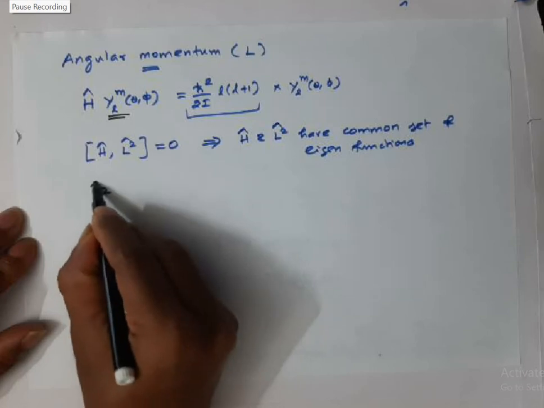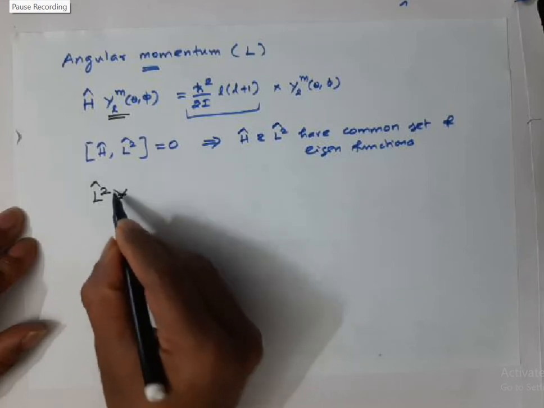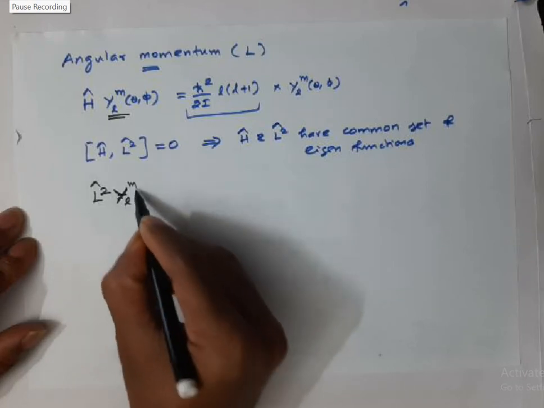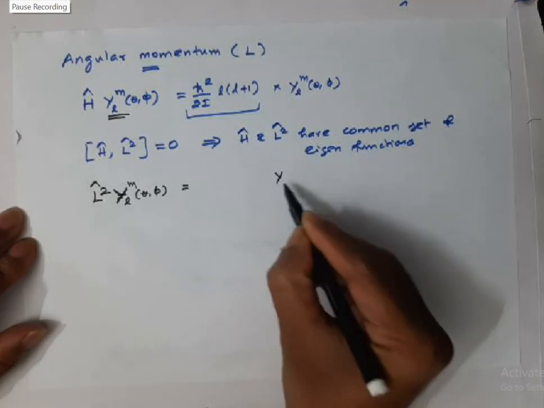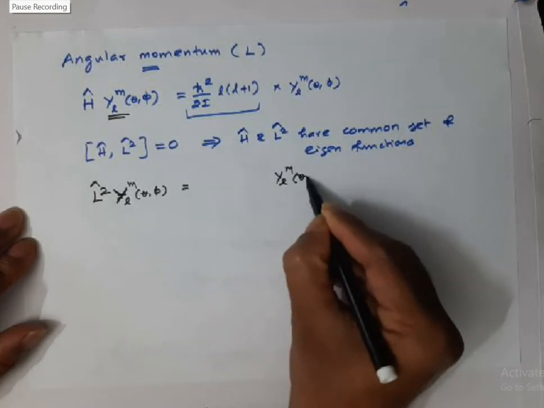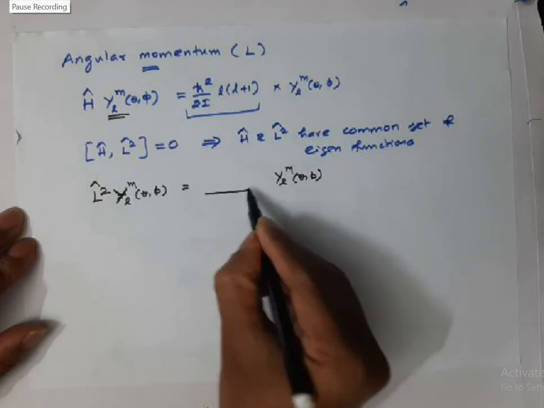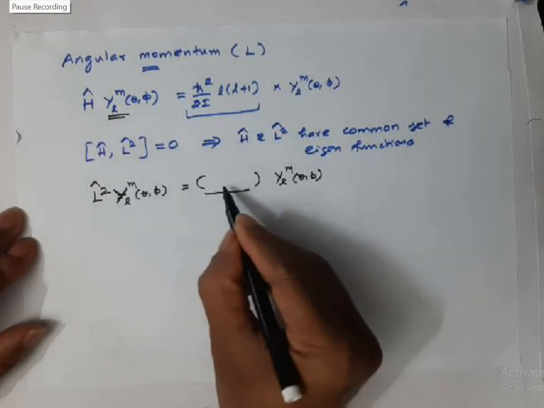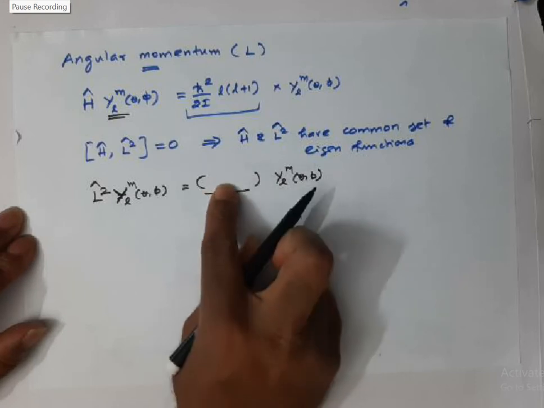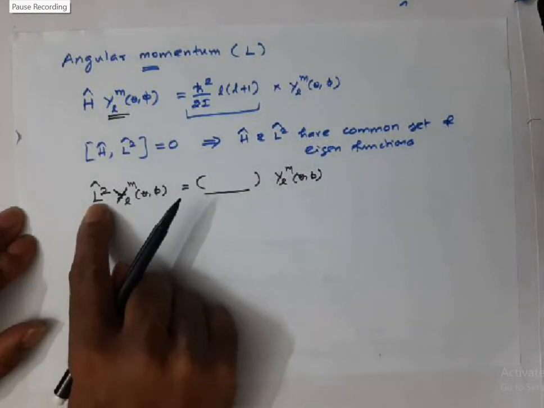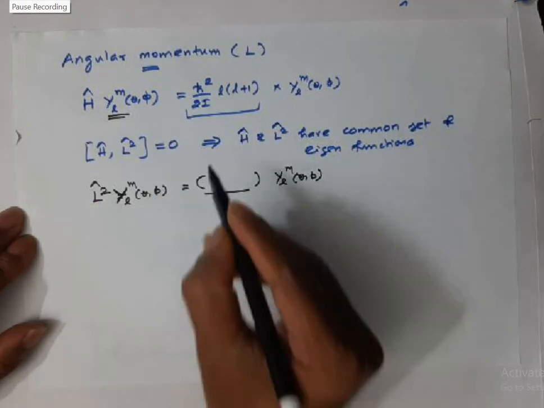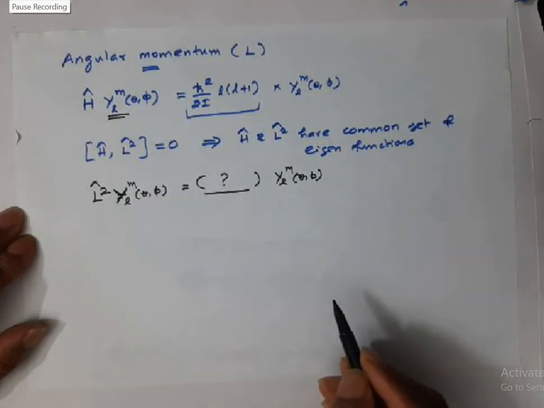If you apply the L square operator on the function Y_Lm(theta, phi), you get the same function multiplied by some value. That value is the eigenvalue of the L square operator, that is, the square of the total angular momentum operator. How do we find it out?